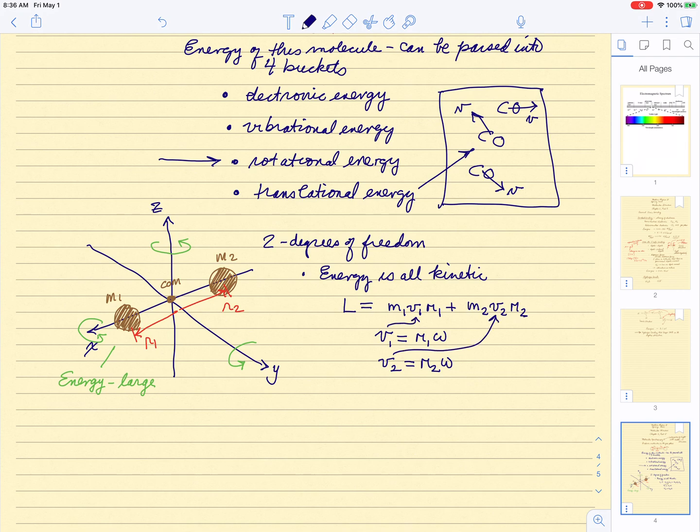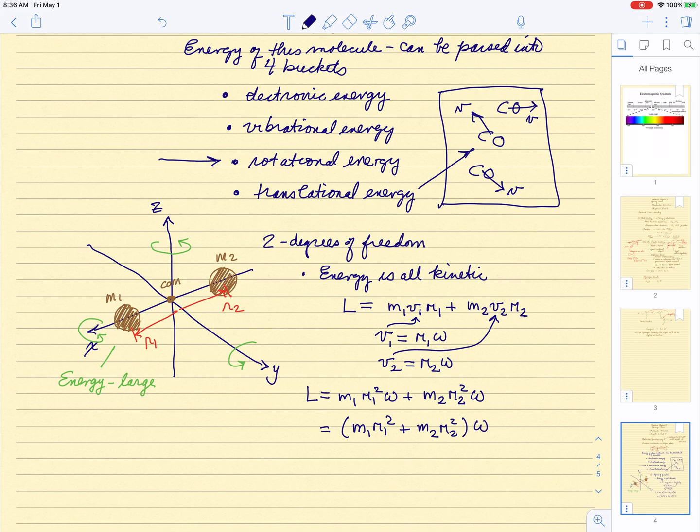The angular momentum then is going to be m1 r1 squared omega plus m2 r2 squared omega. We can factor out the omega, leaving us with this equation.